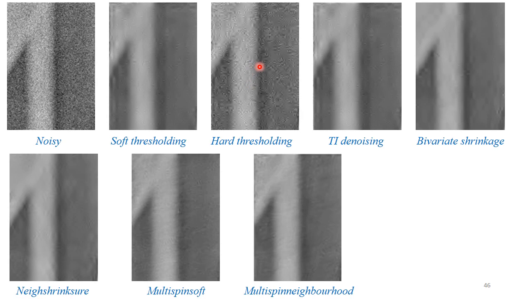In the issues and challenges we went through, artifacts being created and over smoothing of the edges are the problems that need to be identified. Translation invariant is better than soft thresholding. Bivariate shrinkage is a little bit better. NeighShrink, this is the representation. Multispin soft and multispin neighborhood we have as well.